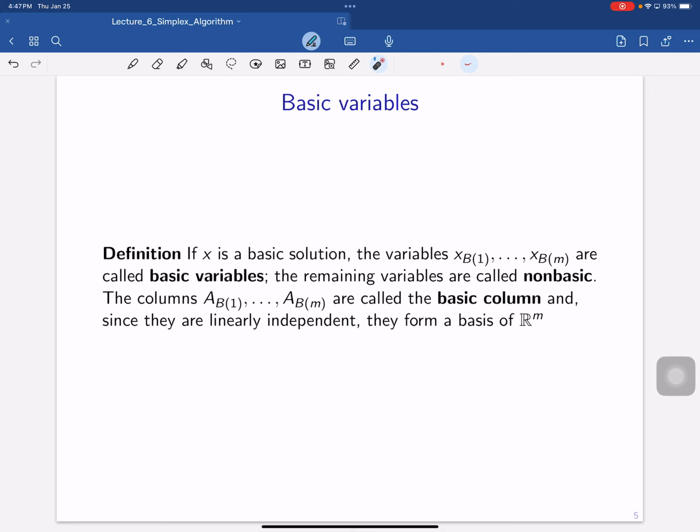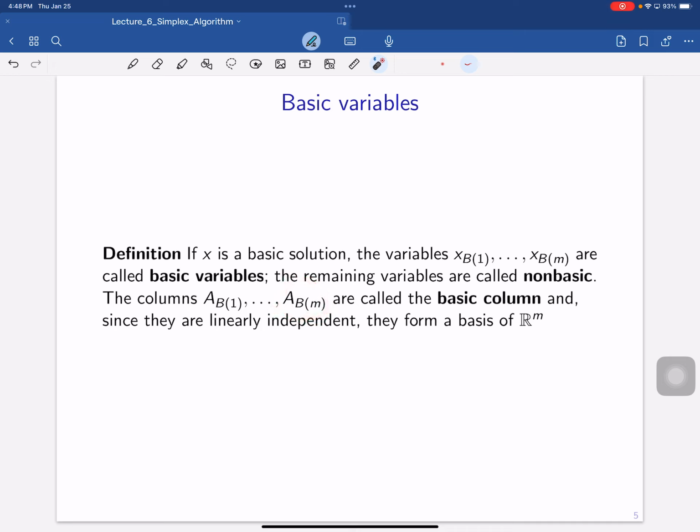B1 all the way to Bm are the indices of the variables you pick among the n variables. The remaining variables are called non-basic variables, and those columns A_B1 to A_Bm are called the basic columns, and they are linearly independent.